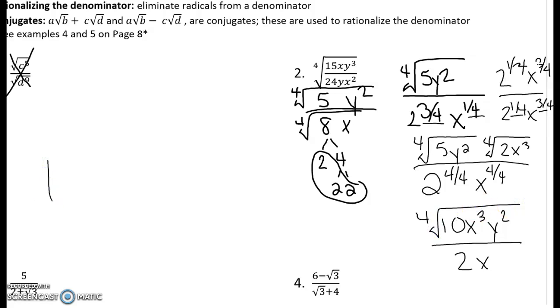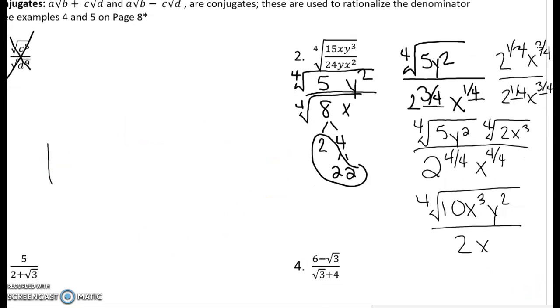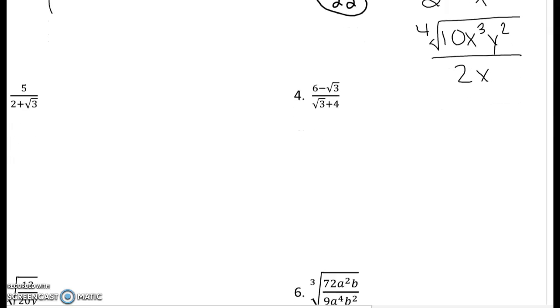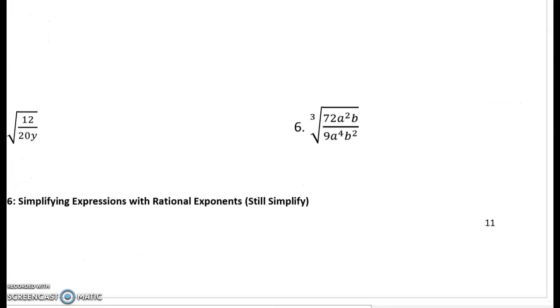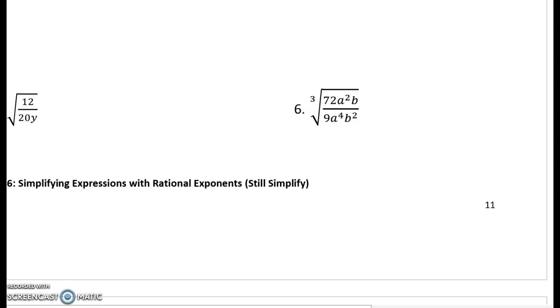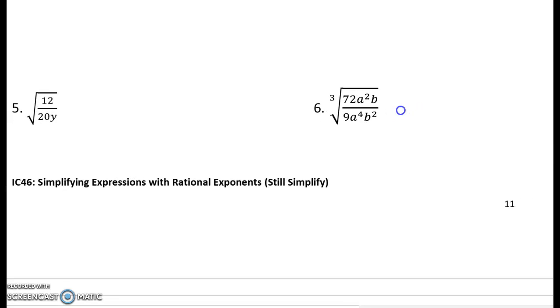So what I'm going to do now is do that with another problem, which is number 6. So I'm going to simplify these. 72 and 9 give me 8.